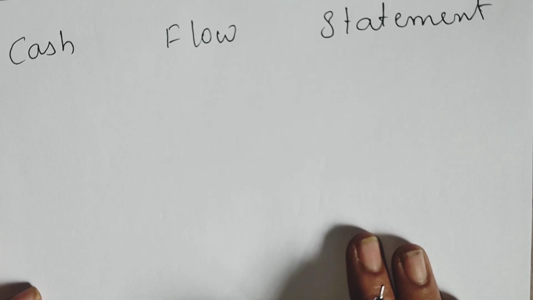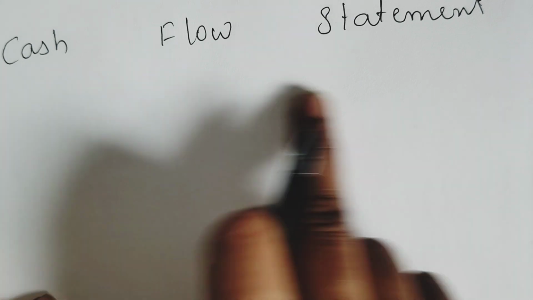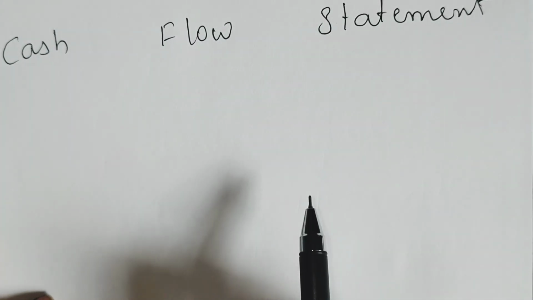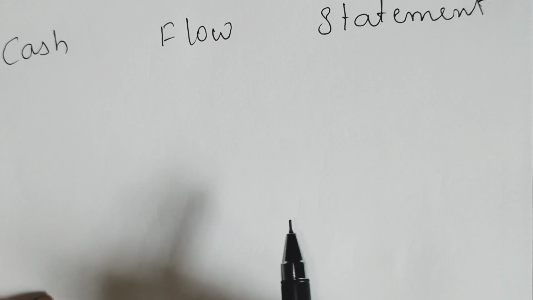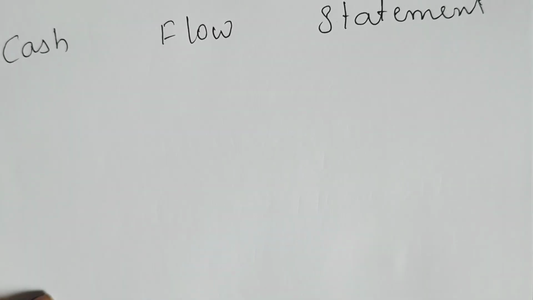Because the income statement you are preparing on the accrual basis, and whatever profit is shown is book profit. That is not the actual profit. Actual cash flow you need to understand by preparing this cash flow statement. So your future requirements and your future decisions will depend on your present condition. For that you need to prepare the cash flow statement.